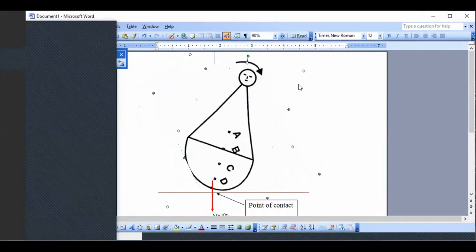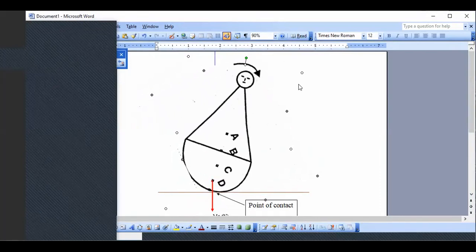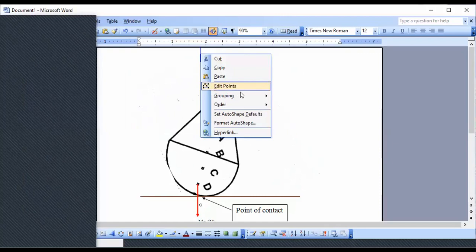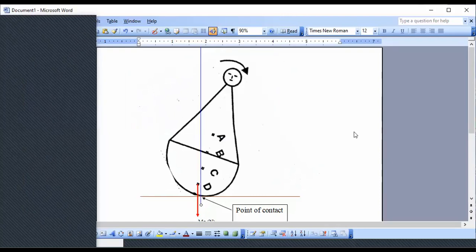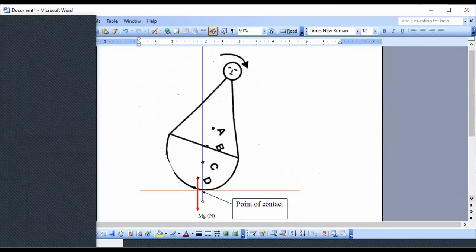I have rotated this. Then I'll draw a line through the point of contact. Then there will be a moment. What is the direction of the moment here? Clockwise or anti-clockwise? The moment due to this mg.